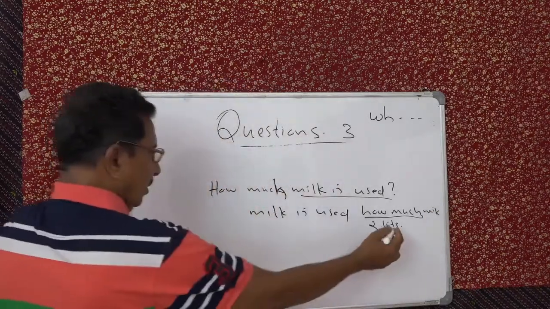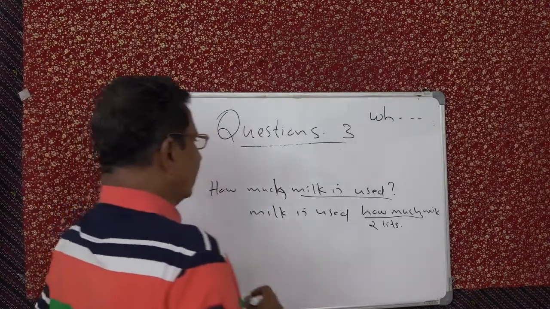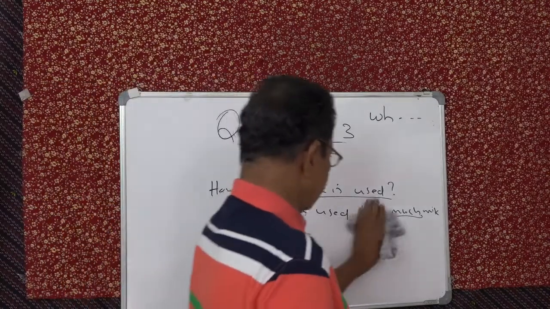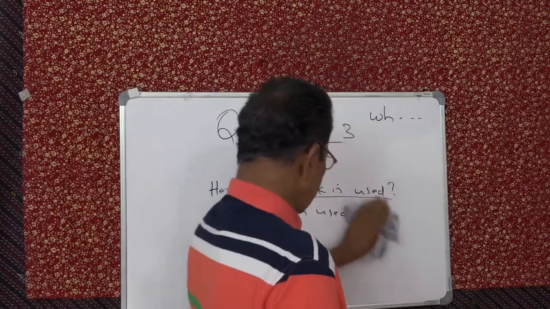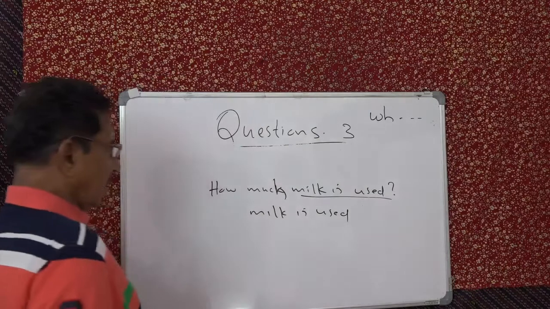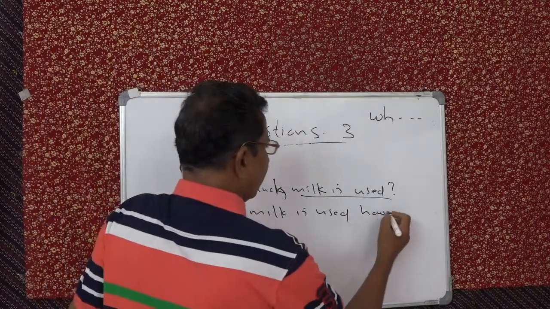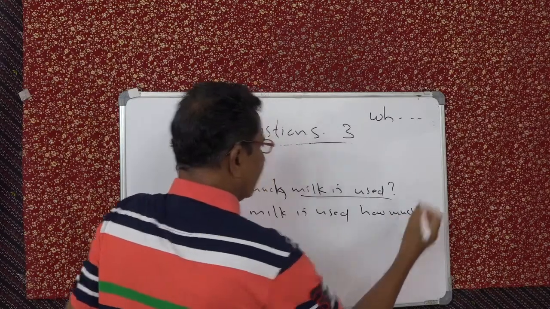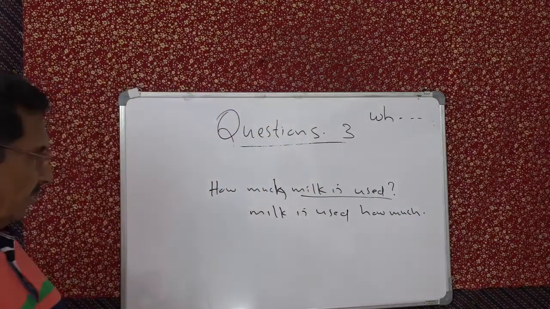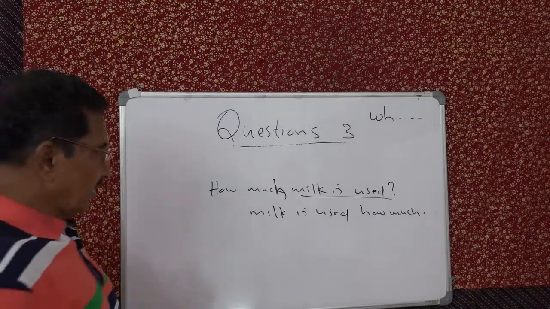Then you have to begin with the subject. Milk is already here. Milk is used. How much milk is used? Now instead of how much, what will you do? You will write a quantity here.